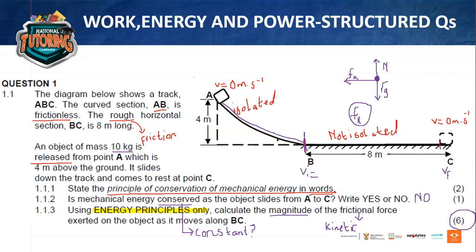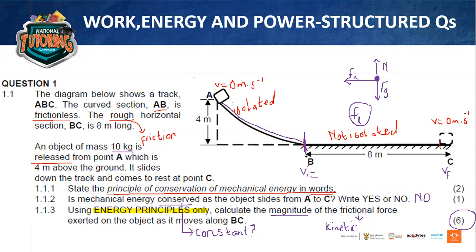And remember, we said the total mechanical energy of an isolated system remains constant. In other words, the mechanical energy at any point along AB, where the system is isolated, does not change. Therefore, the mechanical energy at A is equal to the mechanical energy at B. Or you could have said the mechanical energy at the top is equal to the mechanical energy at the bottom.